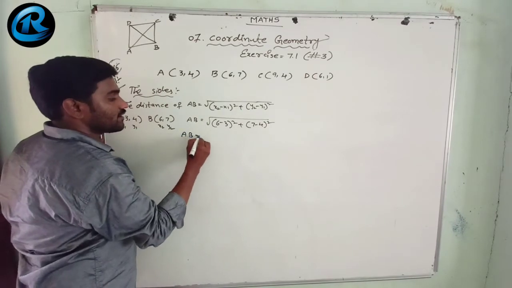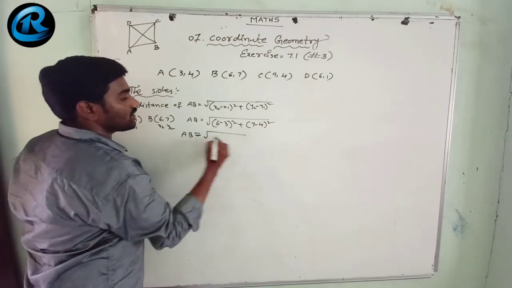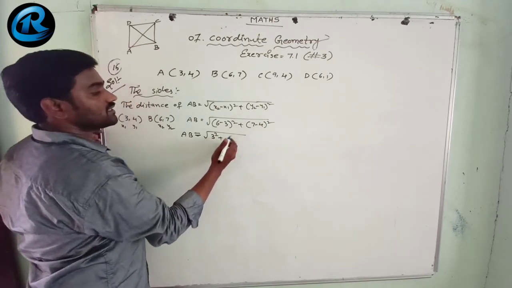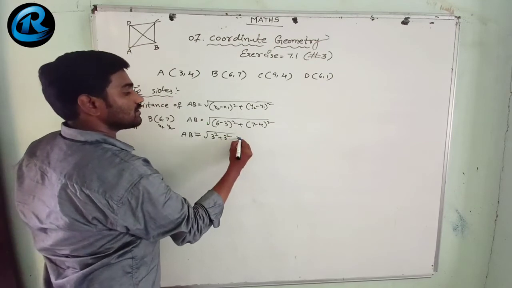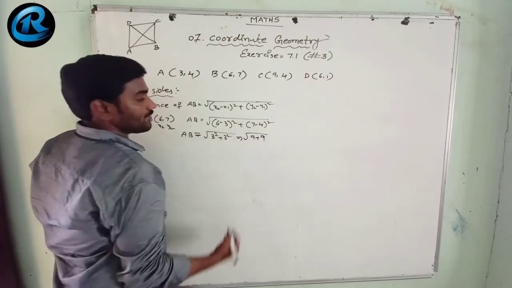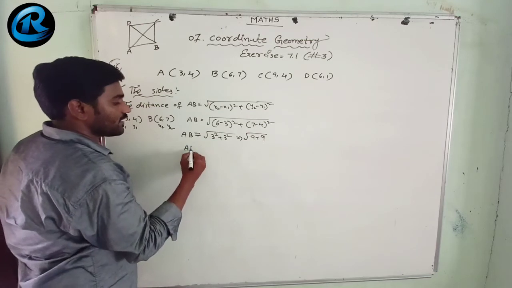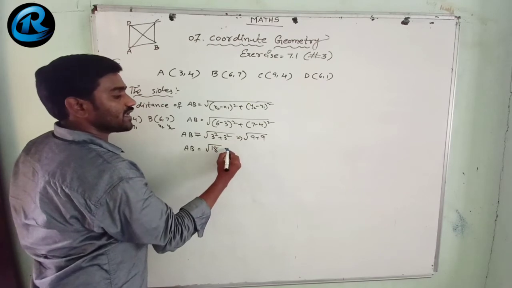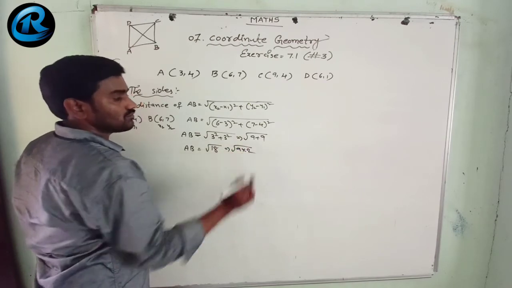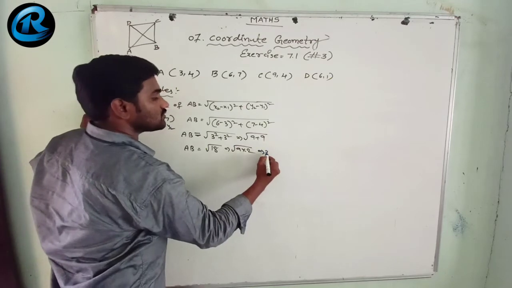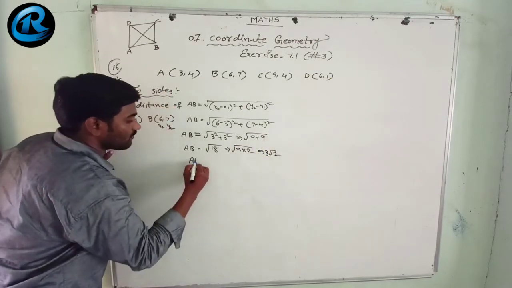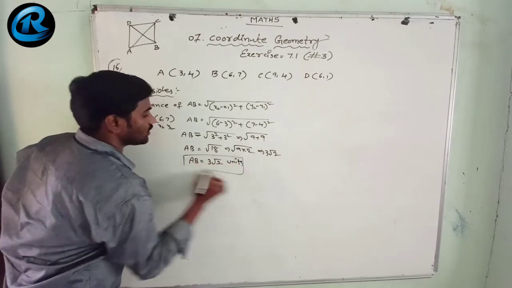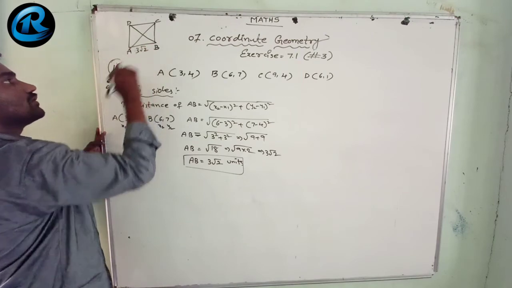Then AB equals under root of 3 square plus 3 square, that equals under root of 9 plus 9, so AB equals under root of 18. Under root of 18 can be written as 9 into 2, which is 3 root 2. AB equals 3 root 2 units.